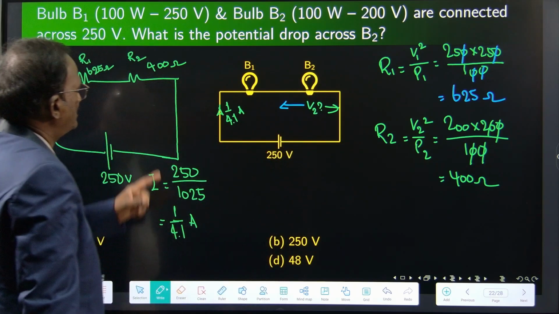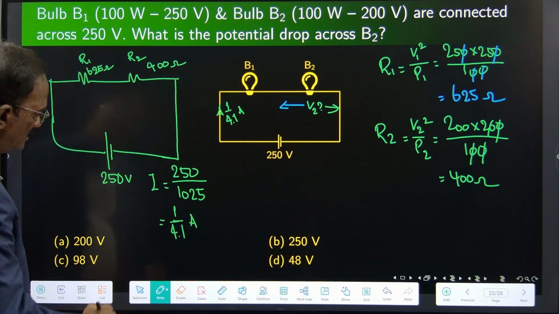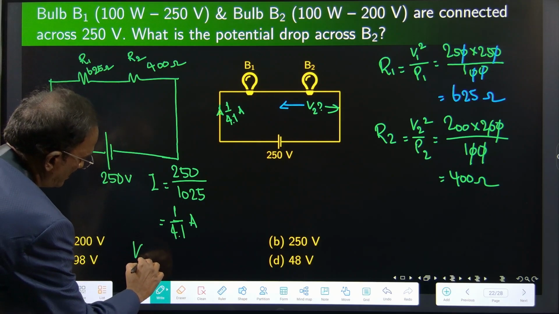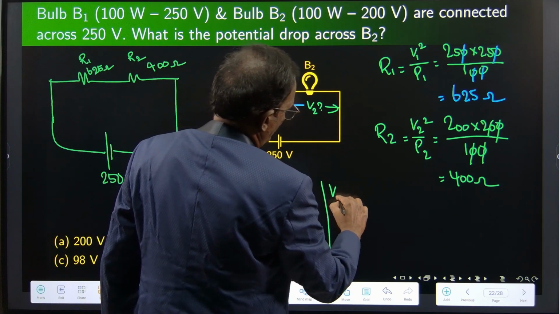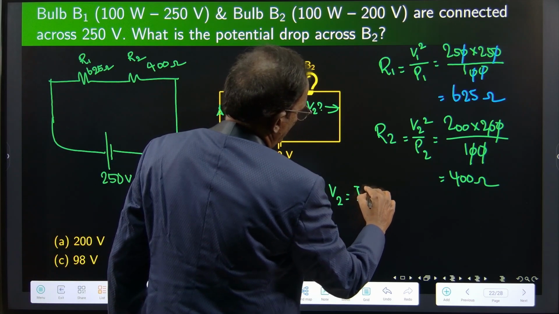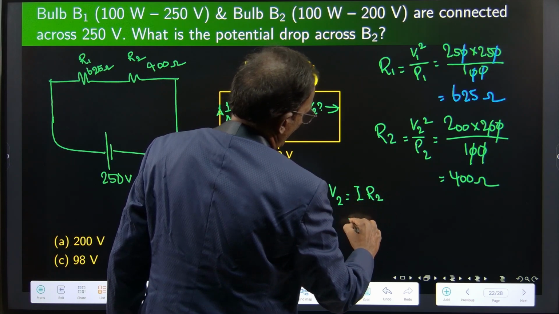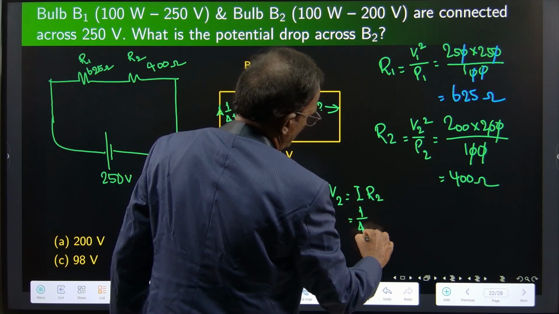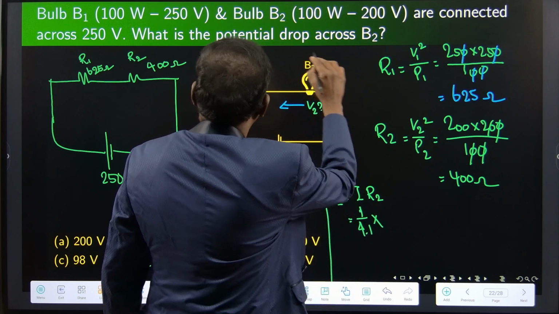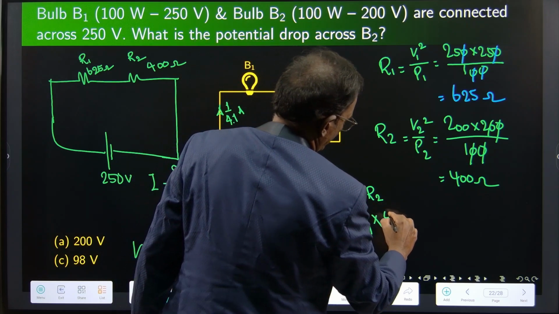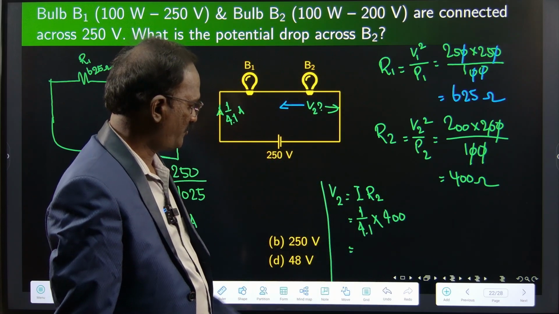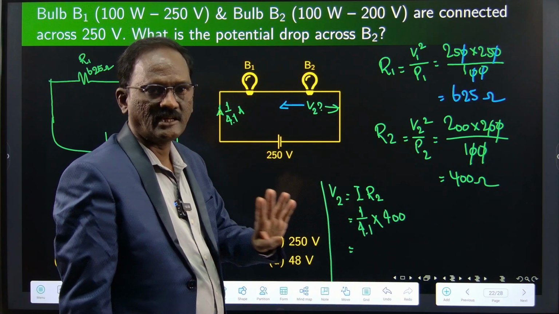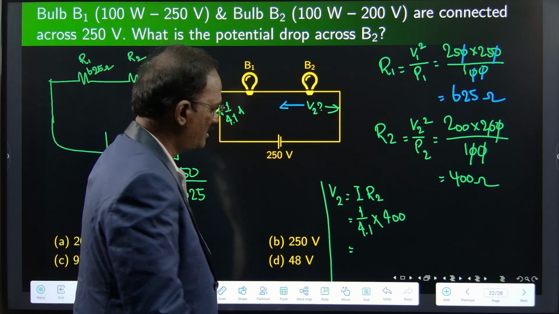Then into this resistance 400, right? So voltage across bulb 2, let me write here V2. V2 is equal to I into R2, 1 divided by 4.1 into 400. 400 divided by 4.1, if approximated as 4, 400 divided by 4 will be 100.